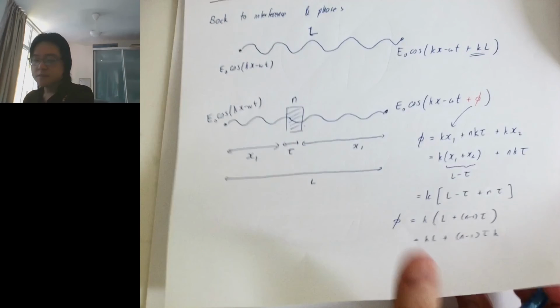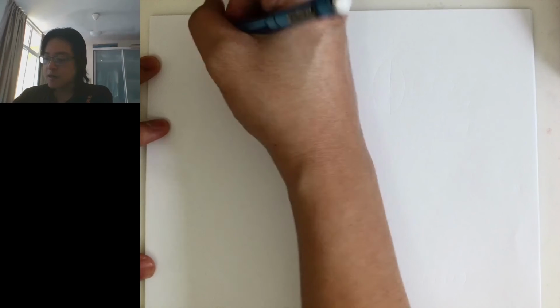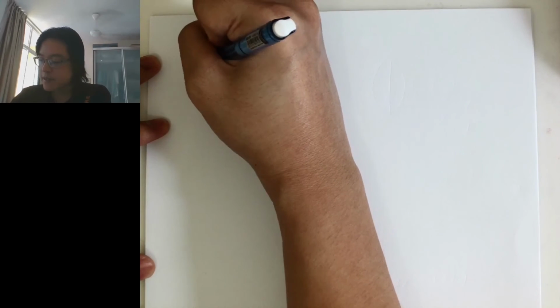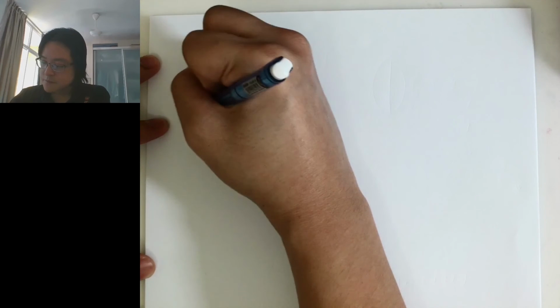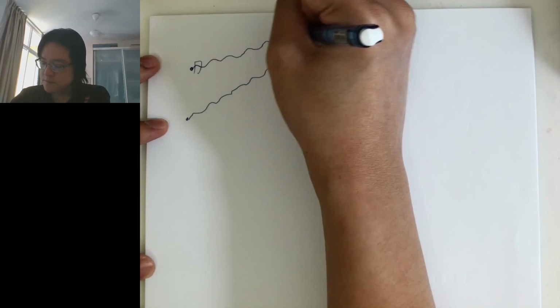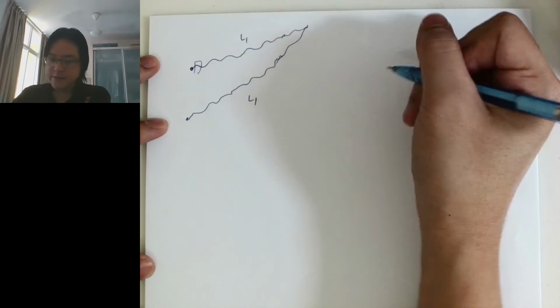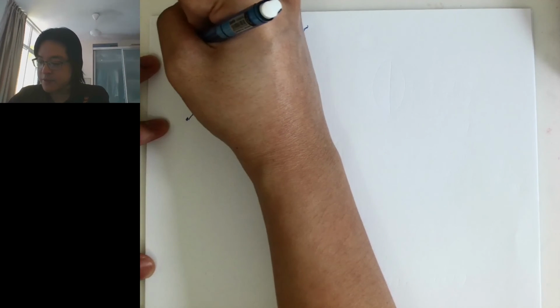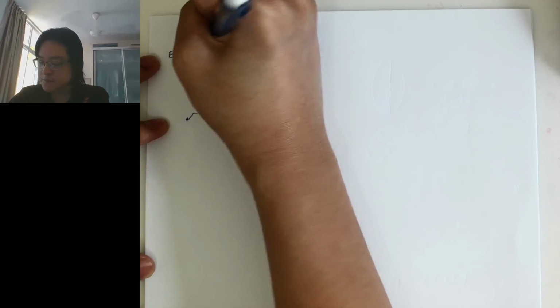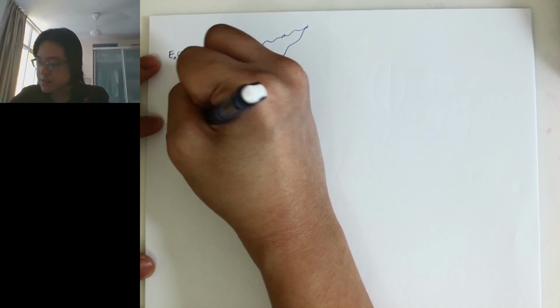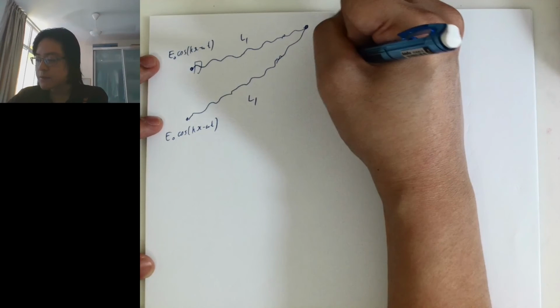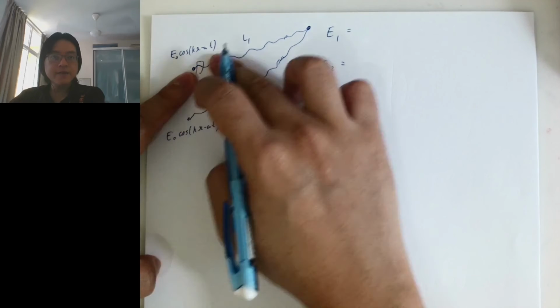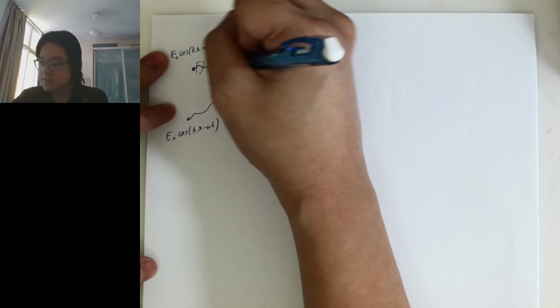This is page 8. Why did I mention this? Because we want to calculate the interference if I put a piece of material in front, with paths L1 and L2. If my initial phase is E cos(kx minus omega t), then I want to know E1 and E2. E1 travels this distance and goes through a block of thickness tau.